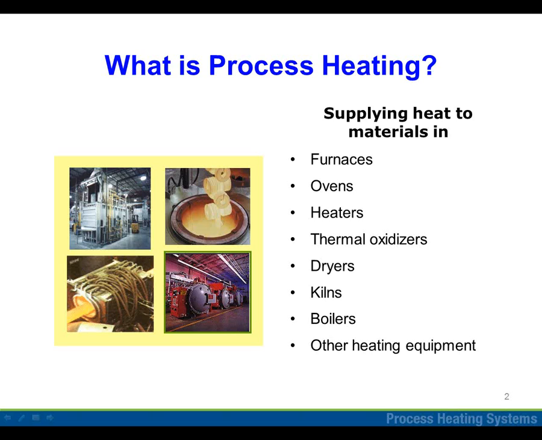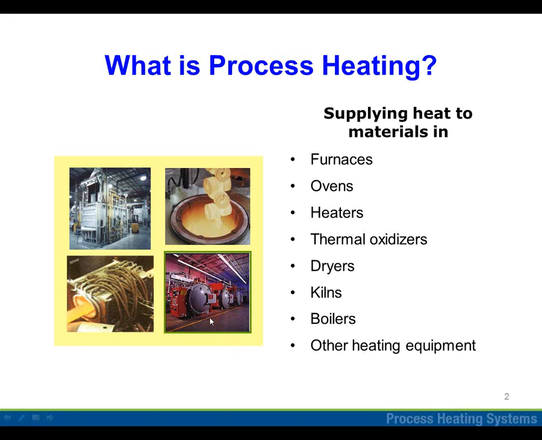So let's start with what is process heating. It's basically any kind of process where we supply heat to different types of materials. There are many different names for this kind of equipment. Furnaces is probably one of the most commonly recognized names in the steel industry.